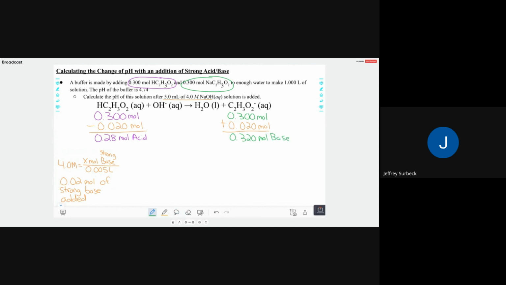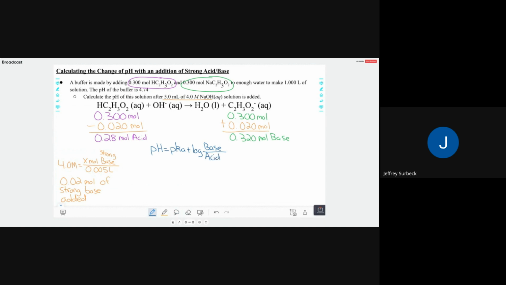Now, to calculate our pH, all we need to do is plug this information back into the Henderson-Hasselbalch equation, where pH is equal to pKa plus the log of base over acid.